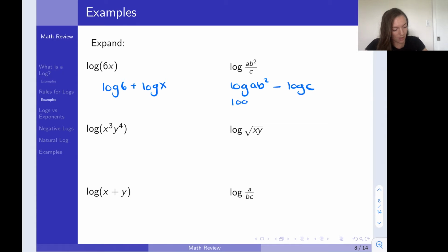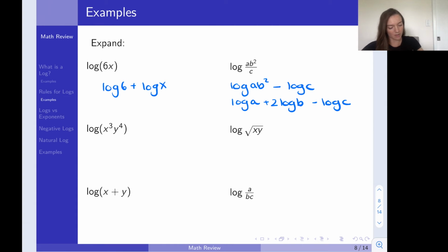So we can write log of a plus log of b squared minus log of c. But we can also rewrite log of b squared as 2 log b. So this whole thing expanded out will be log of a plus 2 log b minus log c.